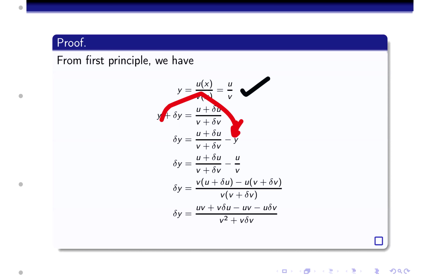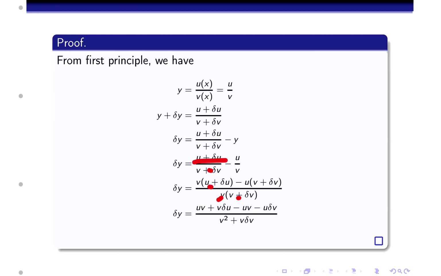All right, so the next thing we do is to take the LCM. The LCM of v plus delta v and v is v times (v plus delta v), right? So in this place we have v, so v times (u plus delta u) is what you have here, minus u times (v plus delta v), because v cancels v and you have v plus delta v left.